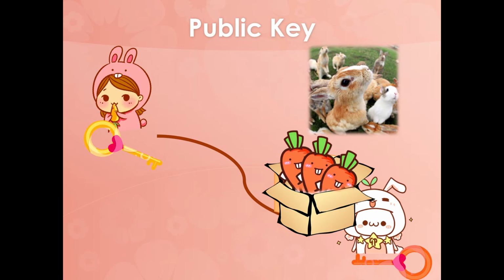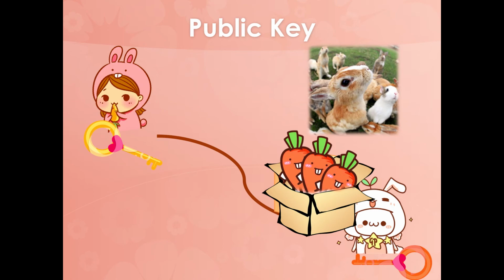As the previous condition showed, if Rebecca and Julia just use one key to lock the carrots, Julia needs to get the key without any rabbits obtaining the key, or the carrots would be stolen. With both a public key and a private key, the public key is required to encrypt traffic.